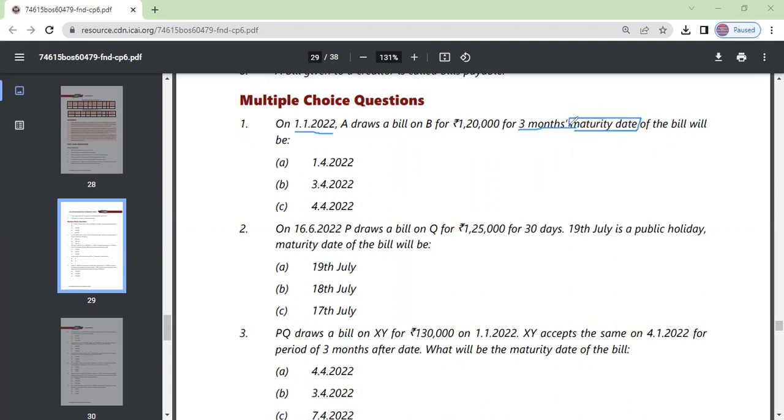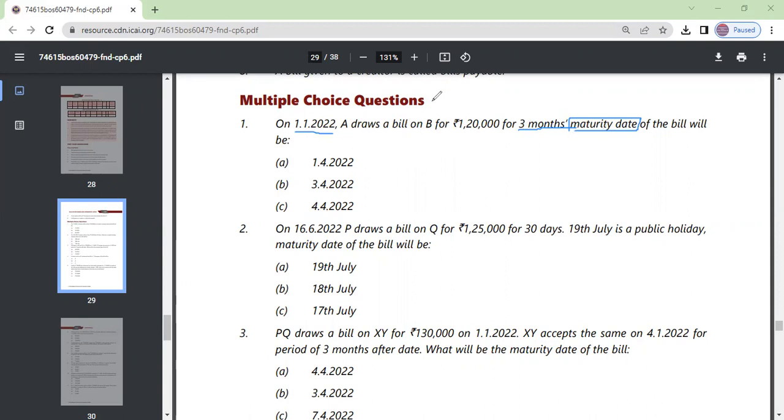In this transaction, what is the date of bill drawn? 1st January 2022 is the date of bill drawn. What about the bill amount? 1,20,000 is the bill amount. What about the time period? 3 months is called the tenure. Who is the drawer? A is the drawer. What about the drawee? B is the drawee.